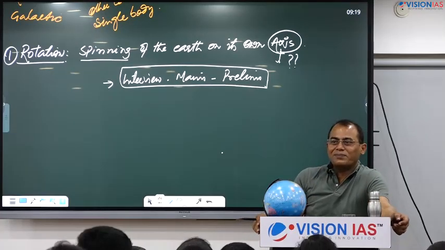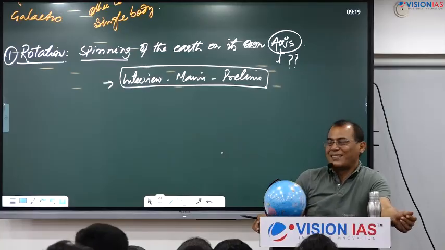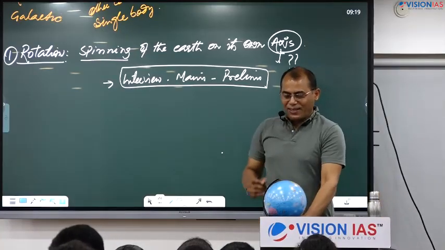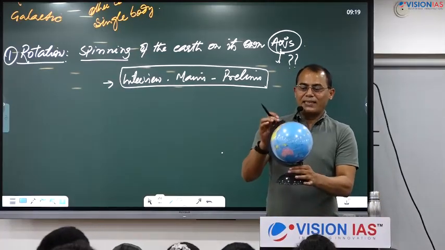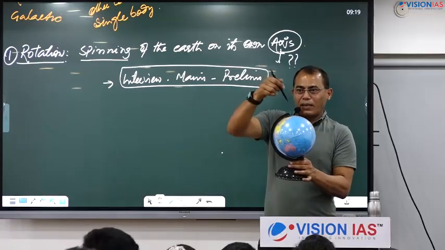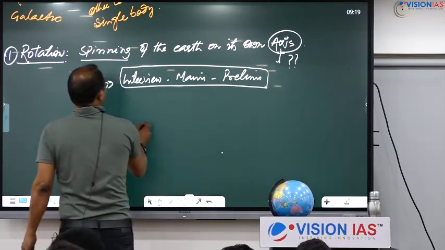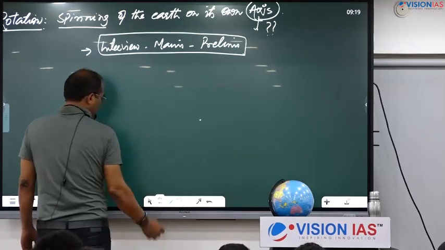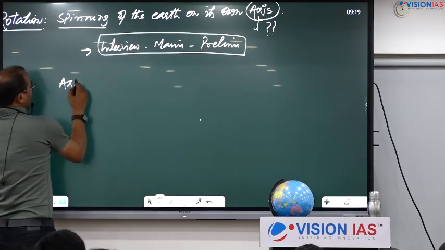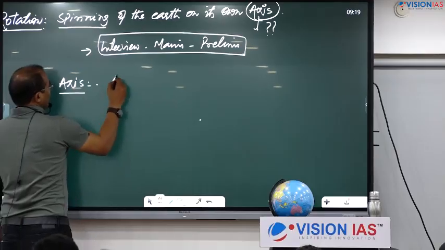What were we discussing? Axis. So what is an axis? It is the imaginary line joining both the poles, passing through the center of the earth. Now there are a few properties of the axis. First is axial inclination.